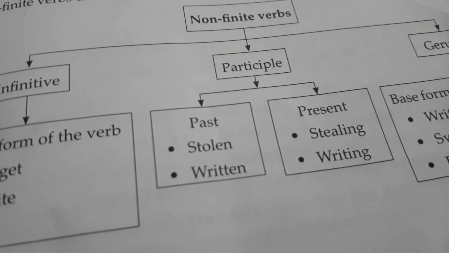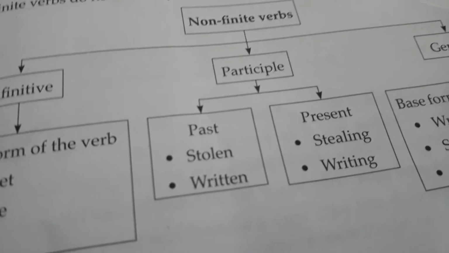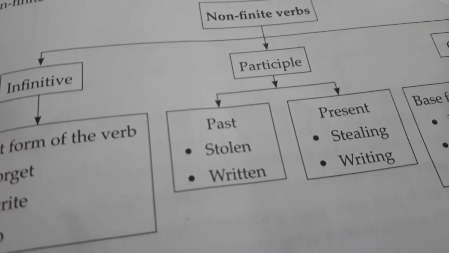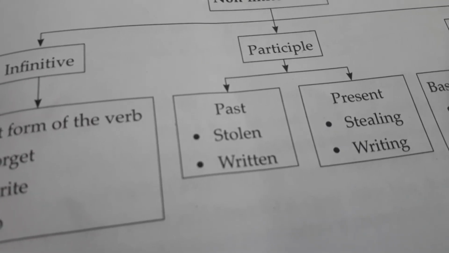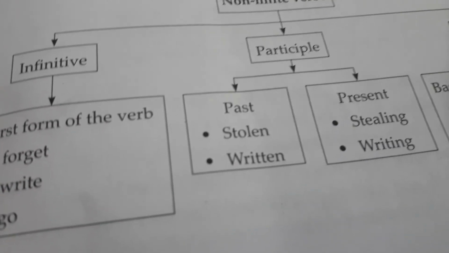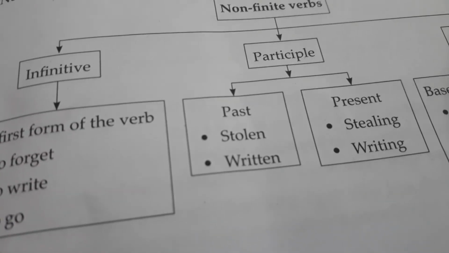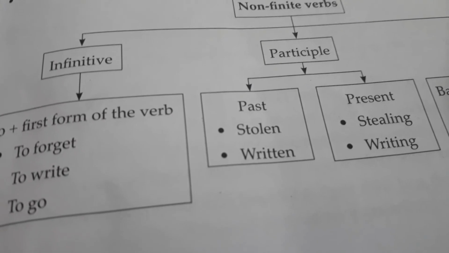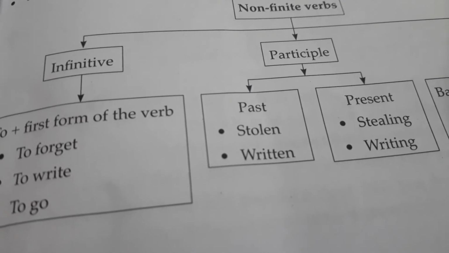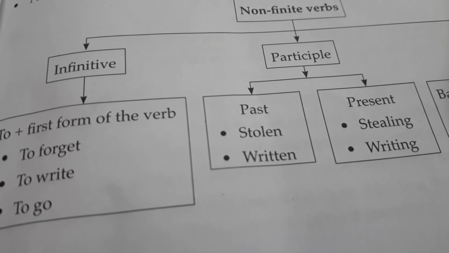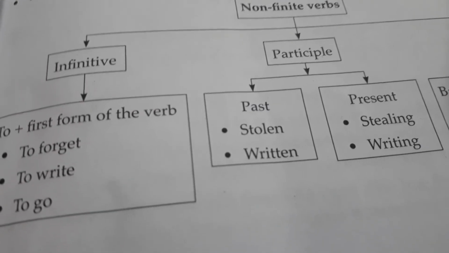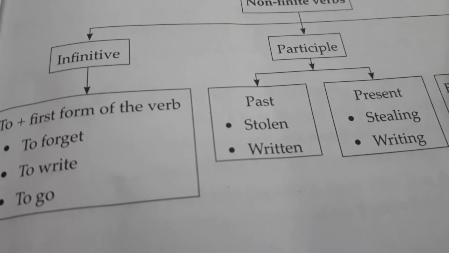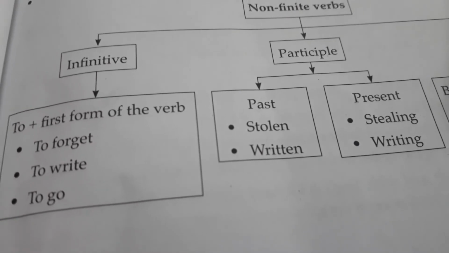For example, steal is the base verb. When I add en to it, steal becomes stolen. So stolen becomes my past participle. The action is complete. Write is my base form of the verb. When I add en to it, it becomes my past participle, written.